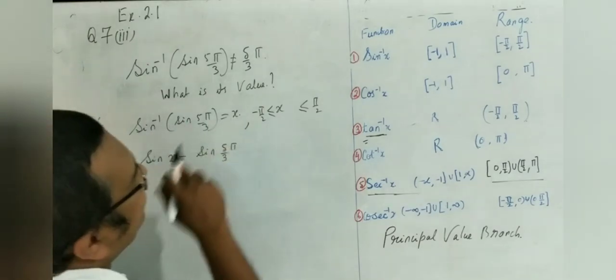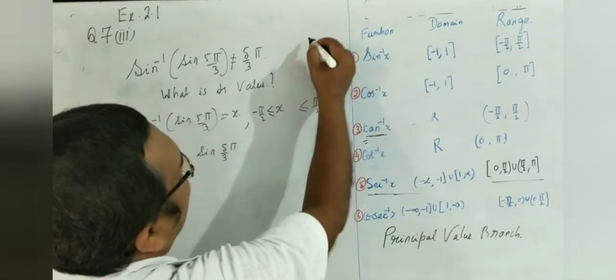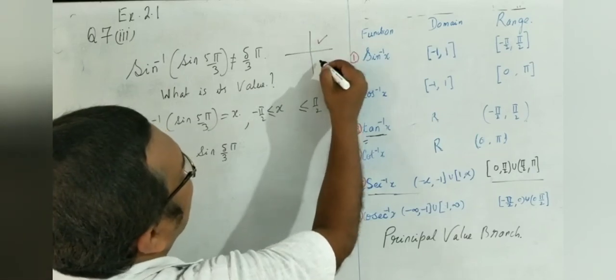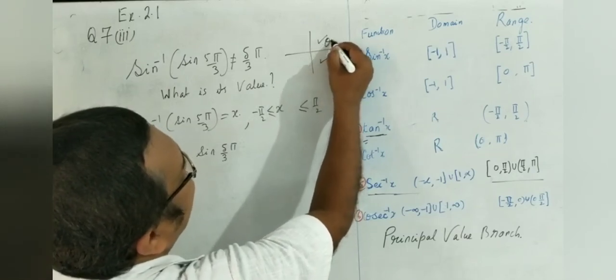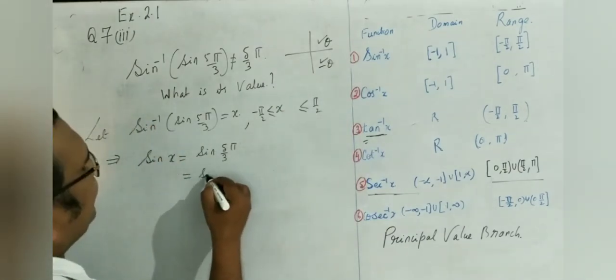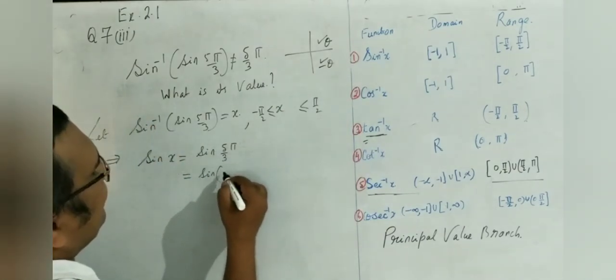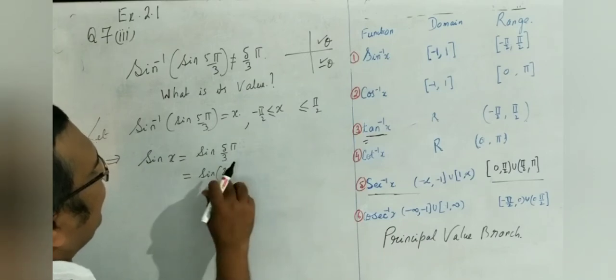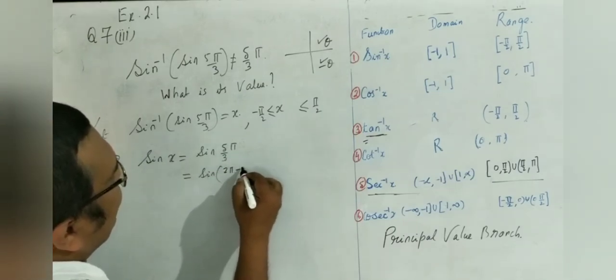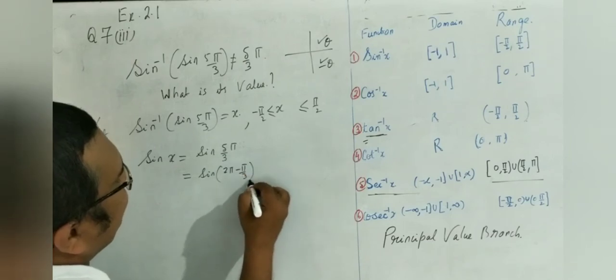Now sine inverse should lie positive here, negative here. If positive, then here, negative, then minus theta. So first I'll simplify this. I will write here 2 pi minus pi by 3.